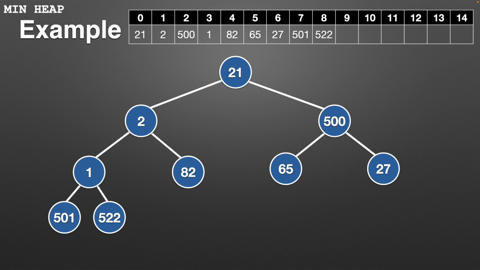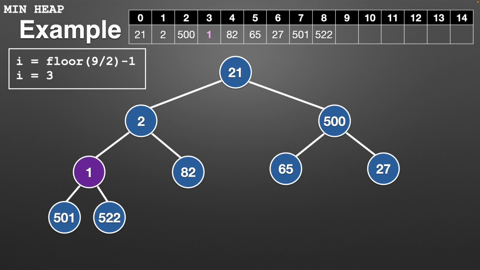So first we need to pick where we're going to start. Remember, we want to start with the first non-leaf node. Coming from the most recent element, this is a leaf, this is a leaf, and when we come up to this level, these are all leaves. So 1 is the first node that we encounter that actually has children, and that's where we start.